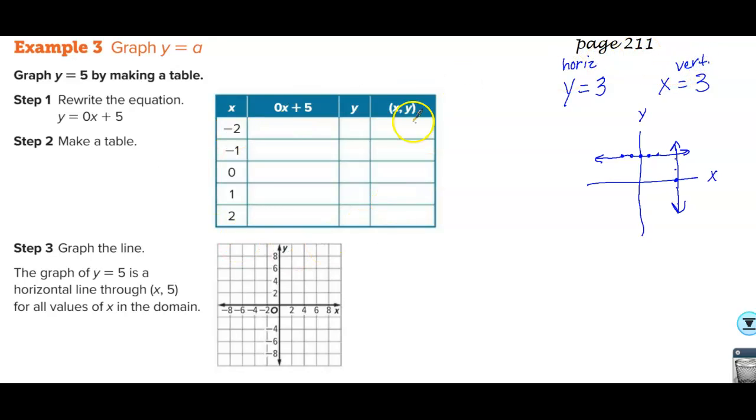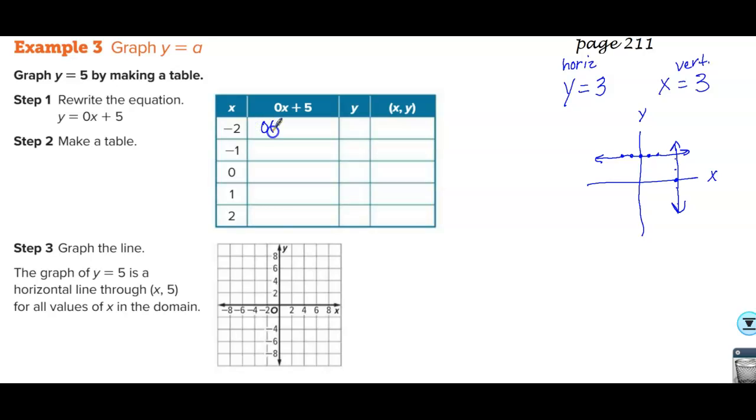Now this is a bunch of rigmarole to try to explain to you why that's the case. They're saying, well, x is gone from this equation, and it must be because the coefficient was 0, because 0 would get rid of it. So they're saying rewrite it as 0x plus 5 and then make a table. Well, it doesn't matter. Every time you substitute a value for x, the first thing you do is multiply it times 0, which renders it 0. So every single time you're going to get a solution of 5.